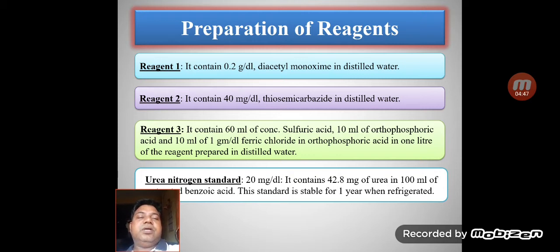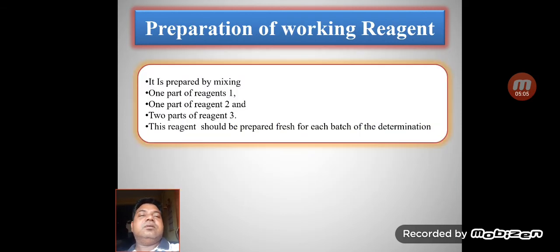The blood urea nitrogen standard is 20 milligram per deciliter, and it contains 42.8 milligram of urea in 100 ml of saturated benzoic acid. This standard is stable for 1 year, and it can be refrigerated.